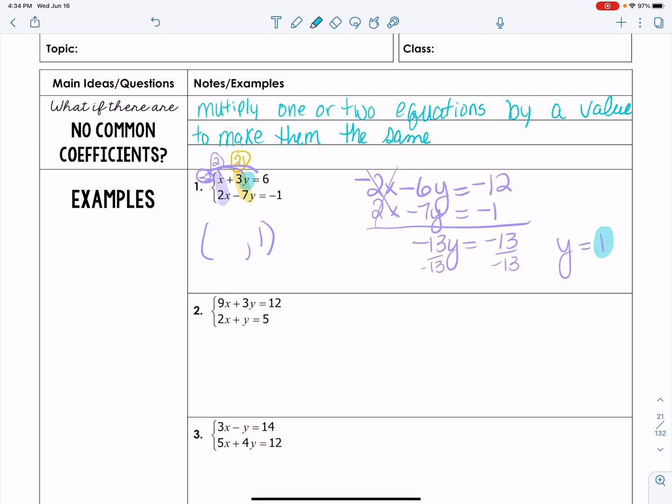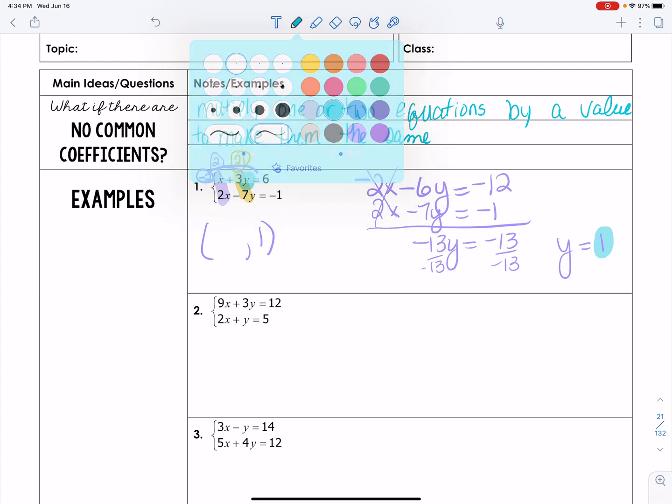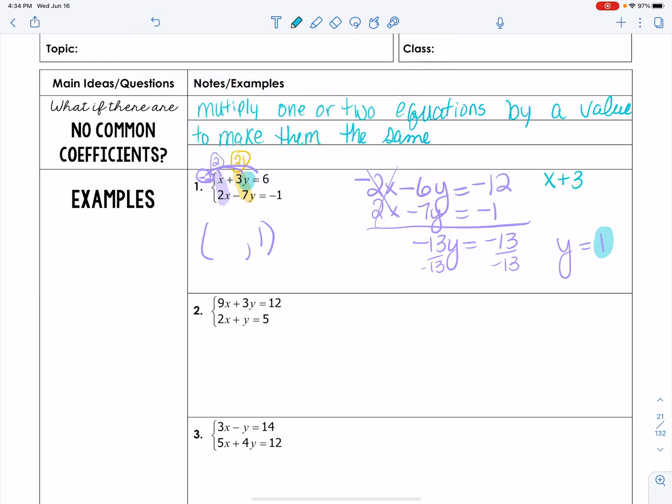I made it blue, and I'm going to turn the y into 1. So x plus 3 times 1, so you guys can see. x plus 3 times 1 equals 6. Well, 3 times 1 is 3, and then I would minus 3 and minus 3, so x would equal 3. So that's my answer. So you're using elimination on this question to make the equations the same so that you can get things to eliminate.